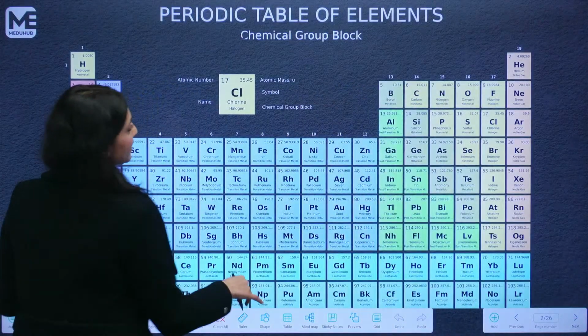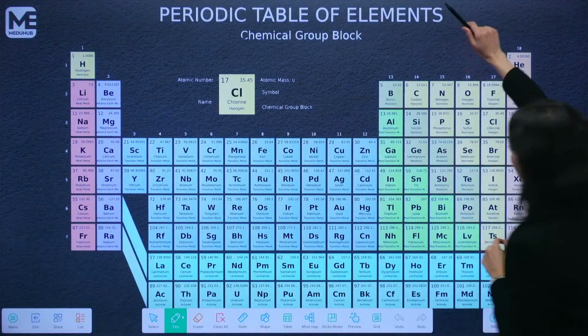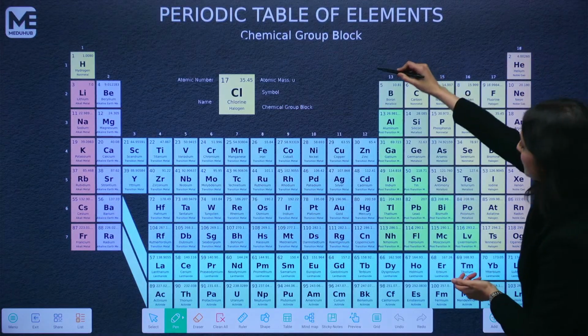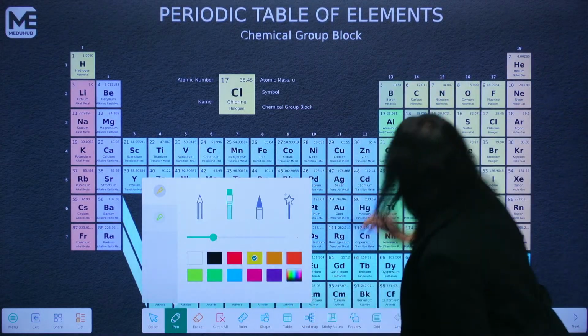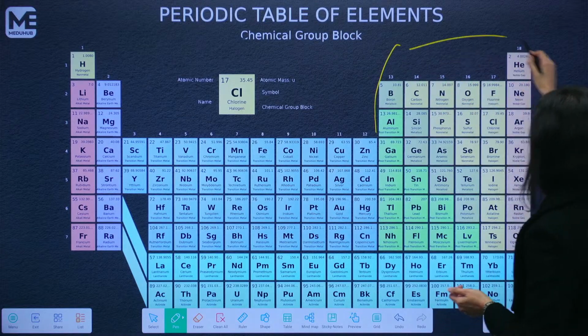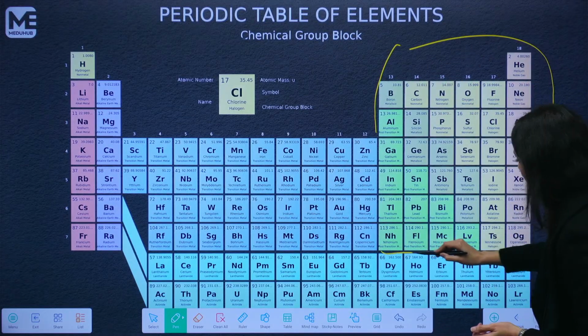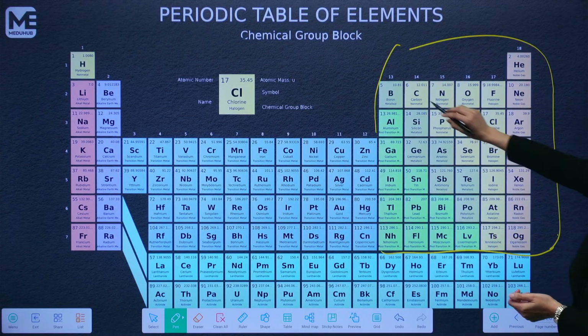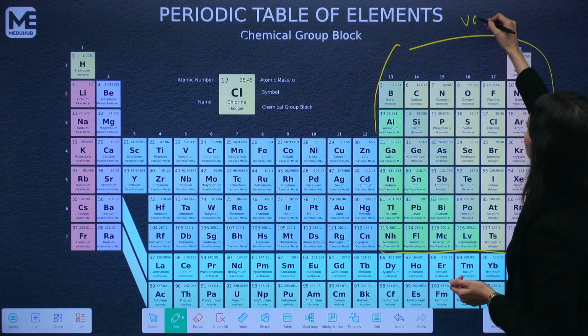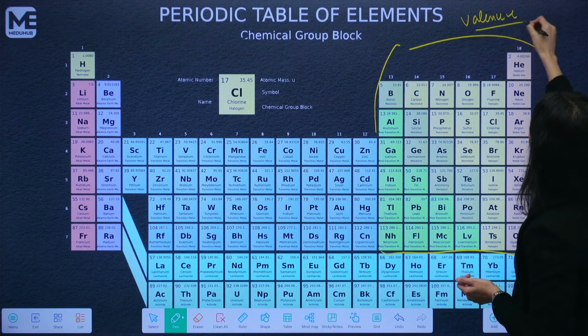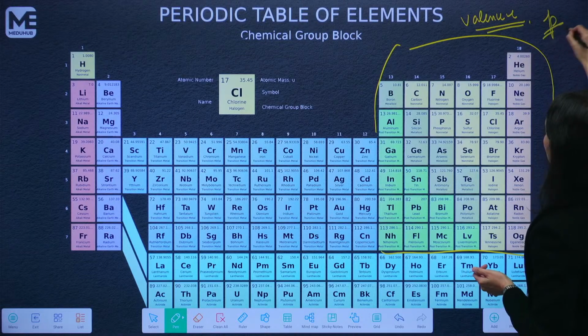This is the periodic table. The elements on this side of the periodic table, these ones here, are the P block elements. So what happens in P block elements, the valence electrons enter the P shell.